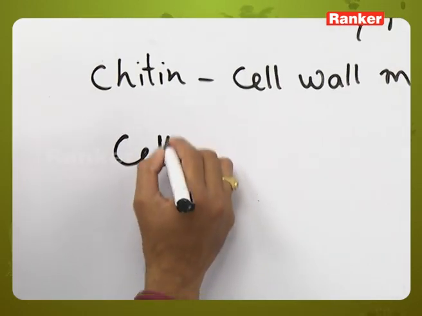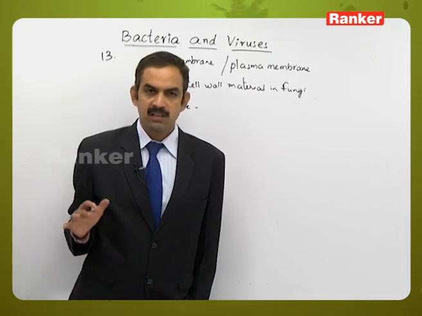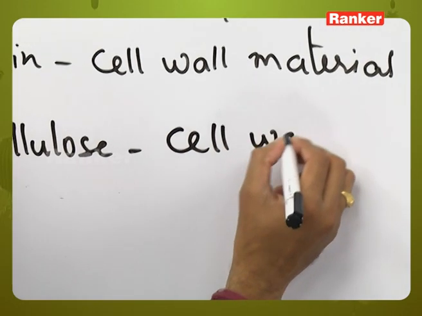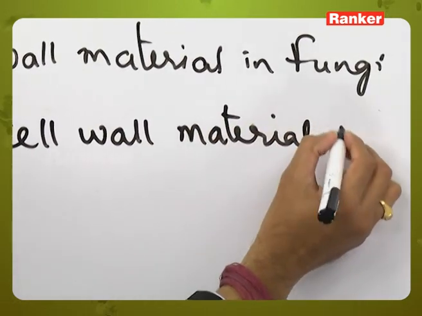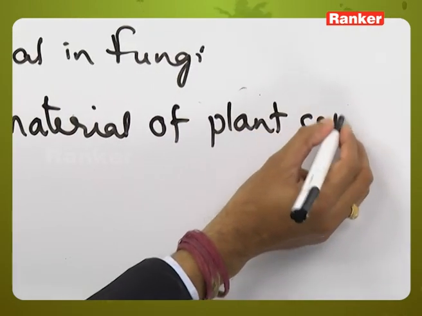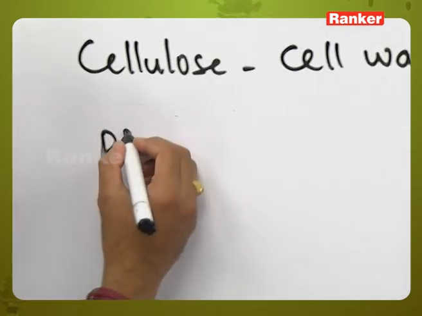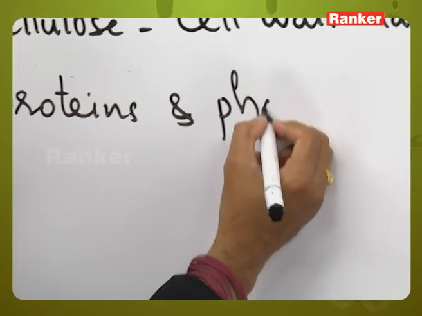And second one, cellulose. Generally cellulose is considered to be the cell wall material of plant cells. And third one, proteins and phospholipids.